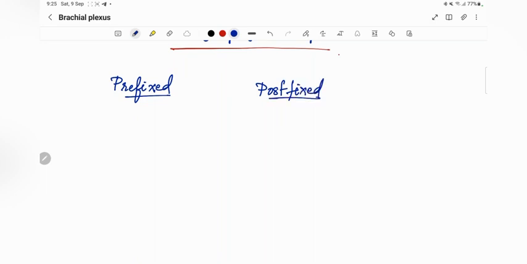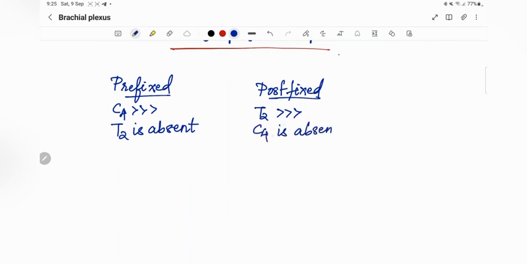So in the prefixed brachial plexus, the contribution of C4 is larger and T2 is absent. While in the postfixed brachial plexus, the contribution of T2 would be larger and C4 contribution is absent. So this is the introduction of brachial plexus.